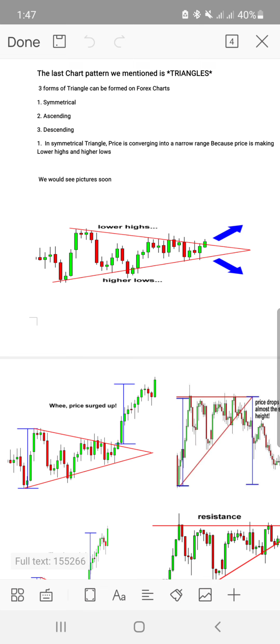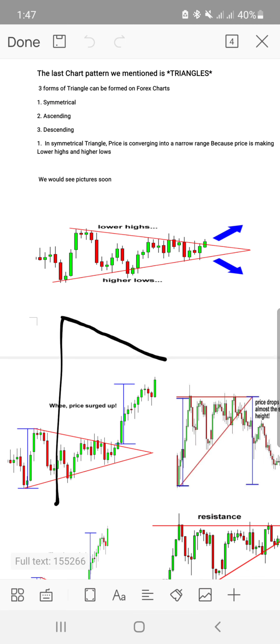Now, for the symmetrical triangle, this is how it looks. Let's say price goes up. Unlike pennants, where the triangle slants like this, or flags, which slant or bend, a symmetrical triangle looks like this. Price rallies up.